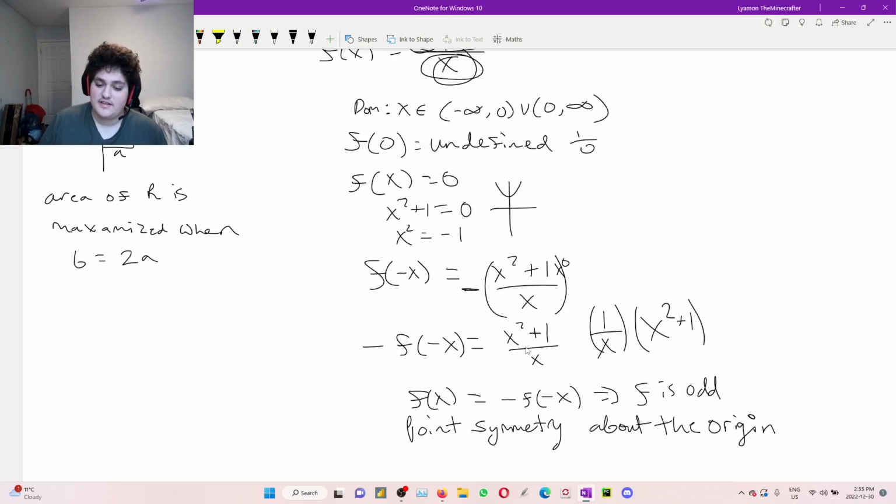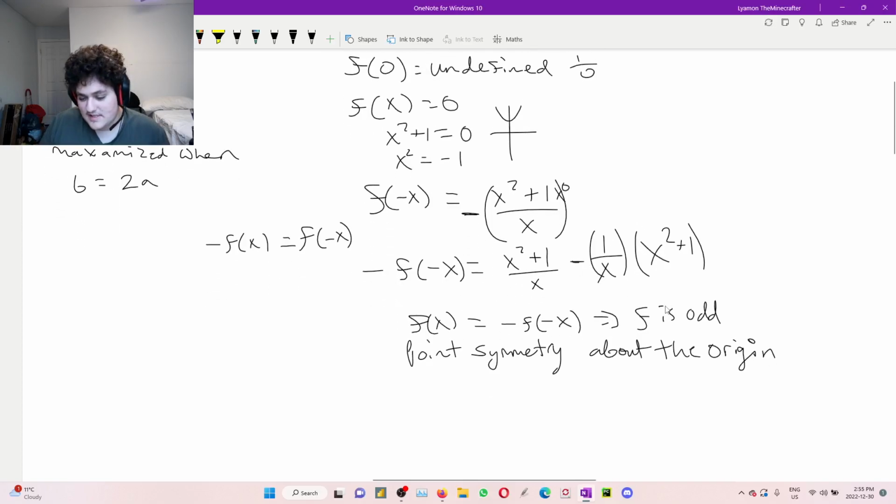But then you do negative f of negative x, and it's going to reflip it. So whenever you have an even function times an odd function, it should just be an odd function. Odd function times even function should be an odd function, I believe.